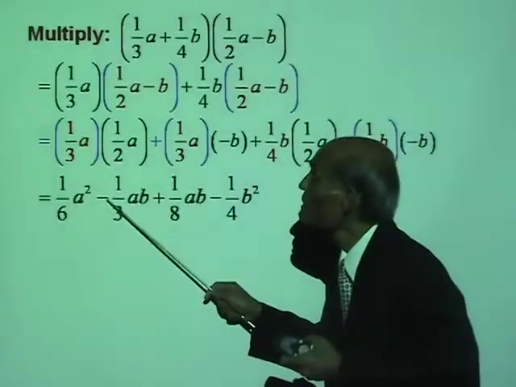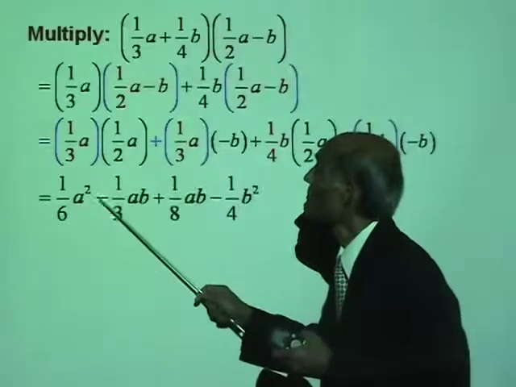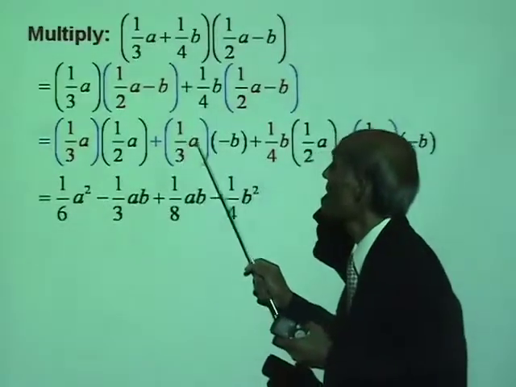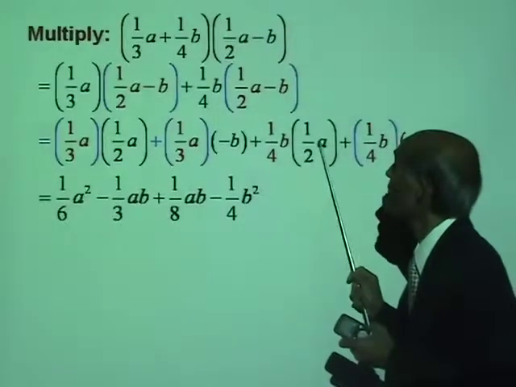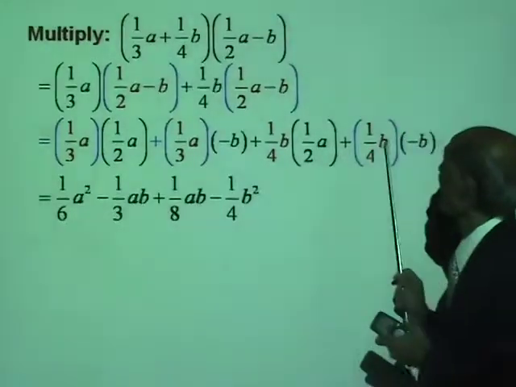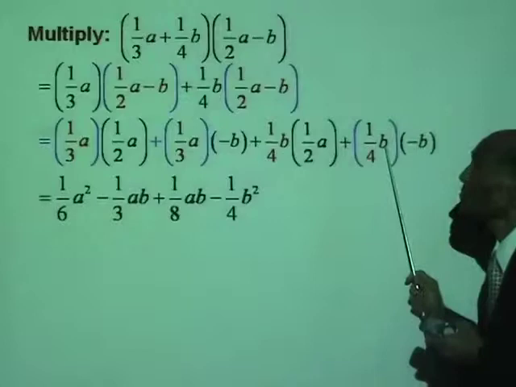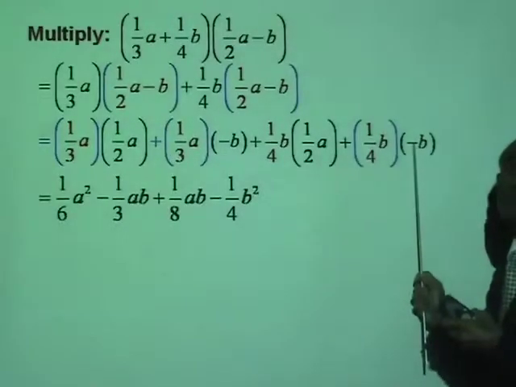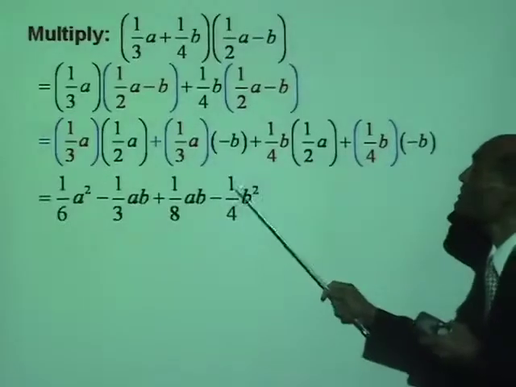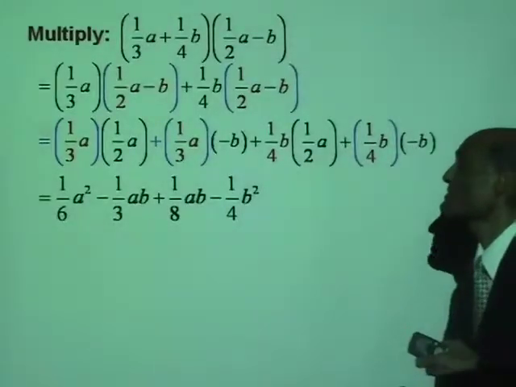That will make it negative. So that will be minus 1/3 ab plus 1/8 ab, and now here 1/4 b is multiplied by negative b. That becomes minus 1/4 b squared.